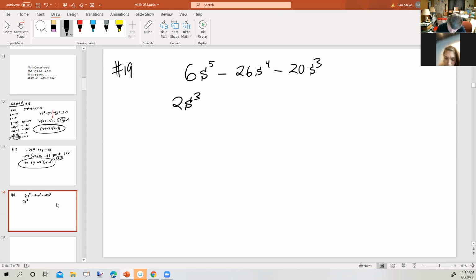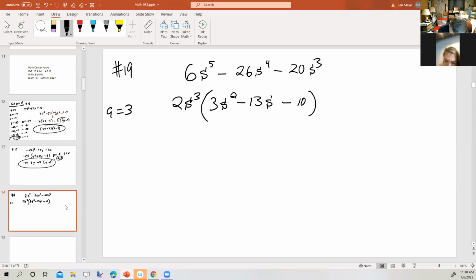So 2s cubed. Leftovers are 3s squared minus 13s minus 10.